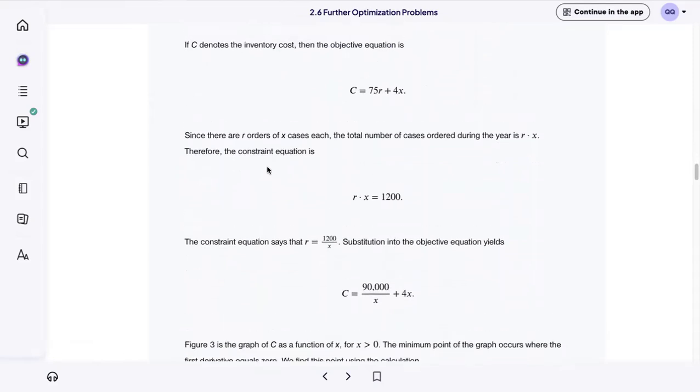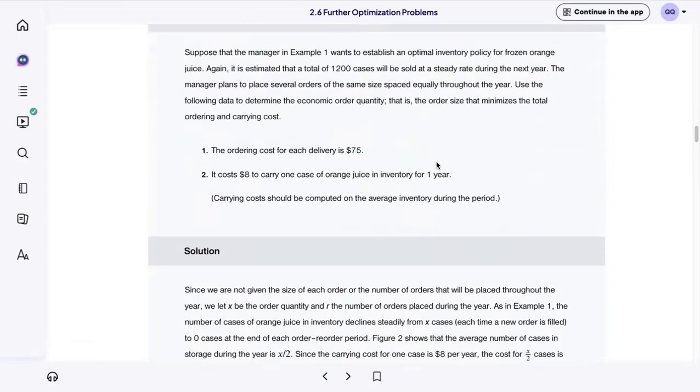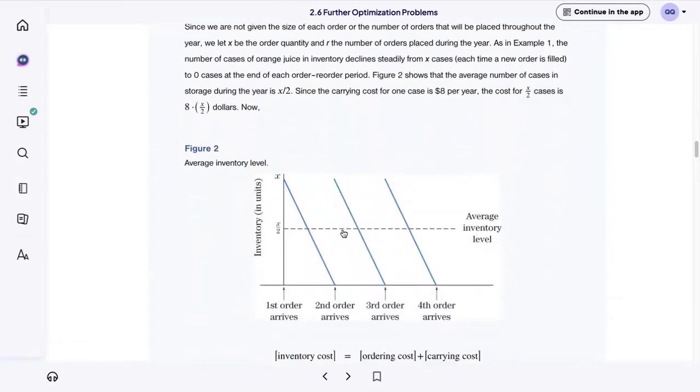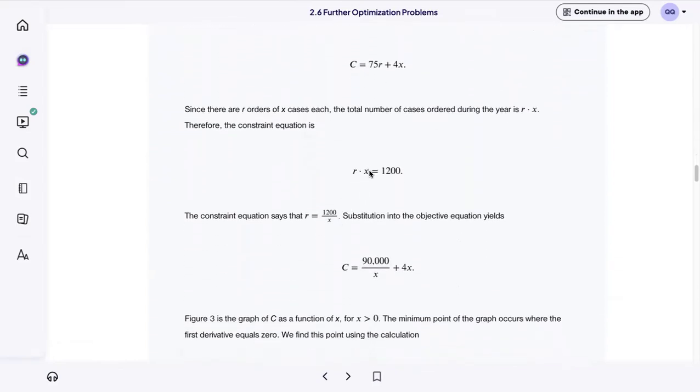And also, since there are R orders and X cases in each, the total number of cases in a year, the estimated spending, is 1,200 cases. Each order has quantity X, and how many orders? Multiplied together, the 1 year ordering is 1,200.